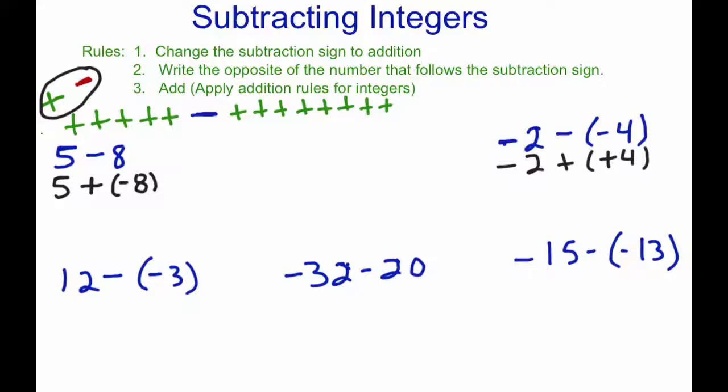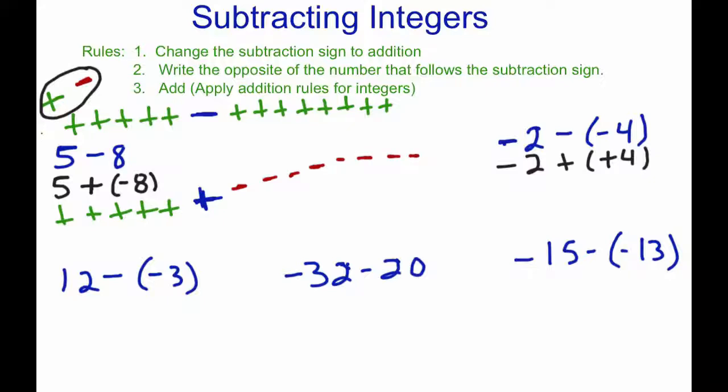The 5 remains the same. 1, 2, 3, 4, 5. And we change it to addition. And the positive 8 will become a negative 8. 2, 3, 4, 5, 6, 7, 8.